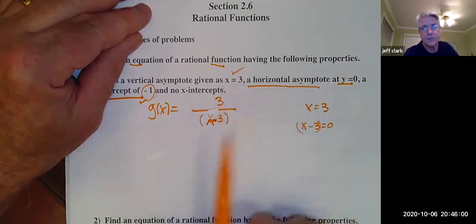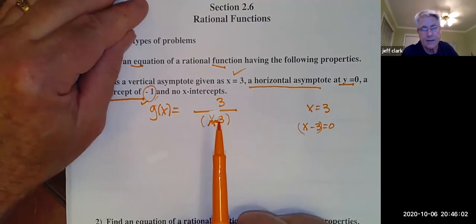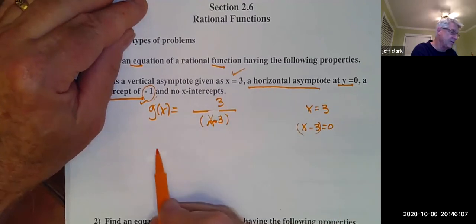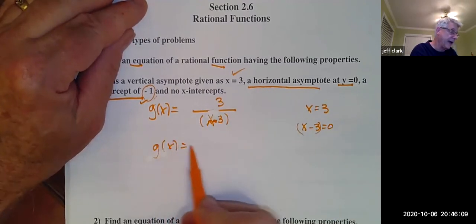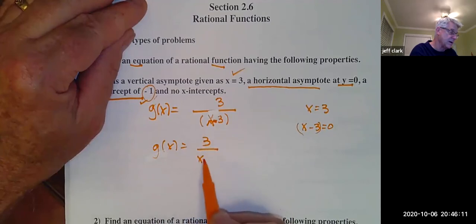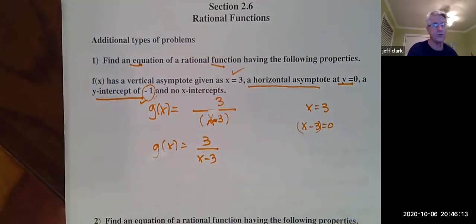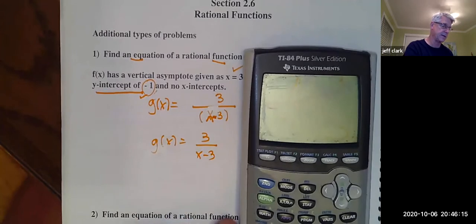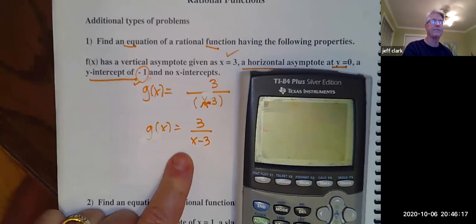No x-intercepts. Take a look at the graph and you'll find out that there are no x-intercepts. So you think that this is the answer. Let's take a look and see if that's true. Let's see if I've found the function.